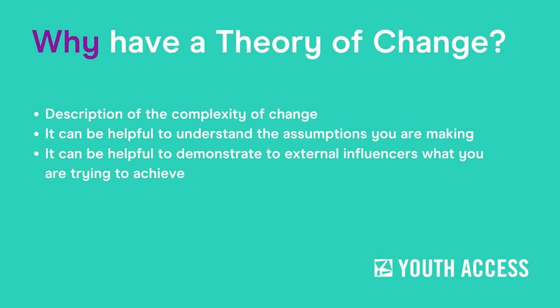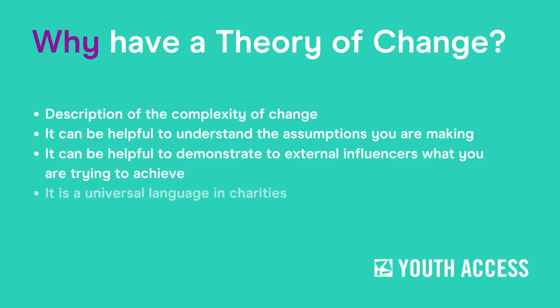For example, you may be making an assumption that by giving advice on a very specific topic around employment services within your area is going to increase young people's knowledge and confidence, that therefore results in more funding for them. The theory of change helps you map out those steps and helps you be able to explain those to other people.